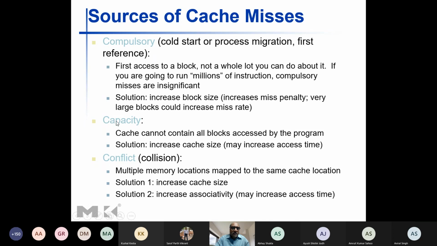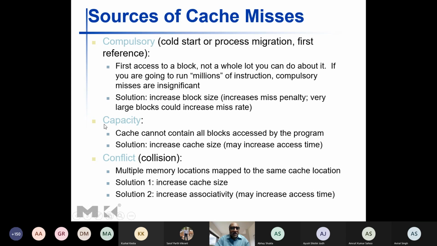The capacity and conflict misses are sometimes confusing, because conflict misses can also come due to the capacity problem. Because of limited capacity, conflicts can arise.